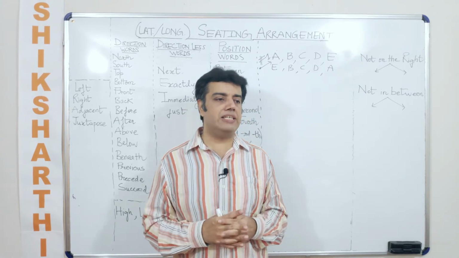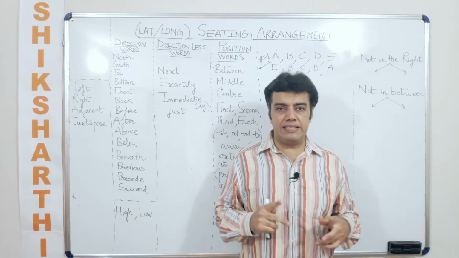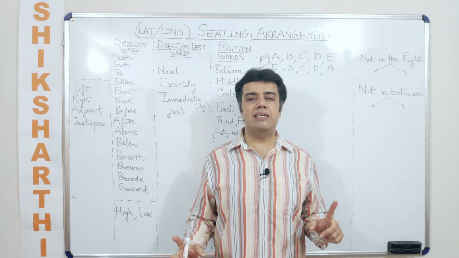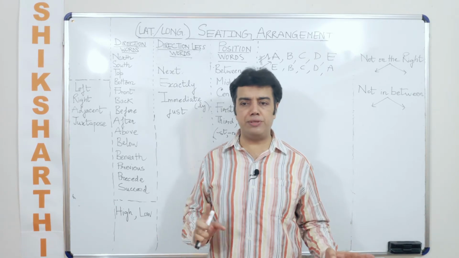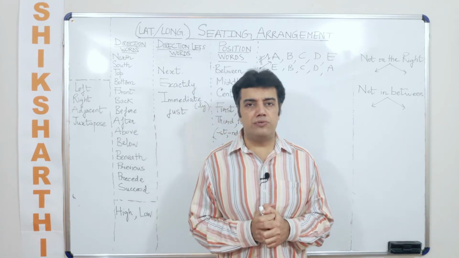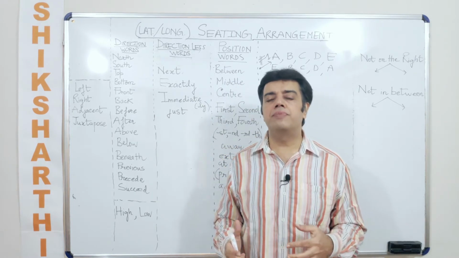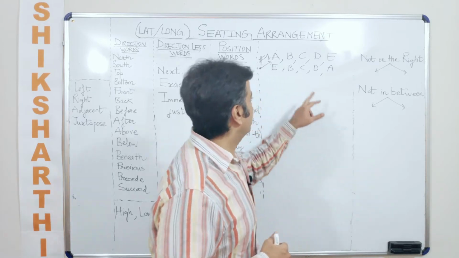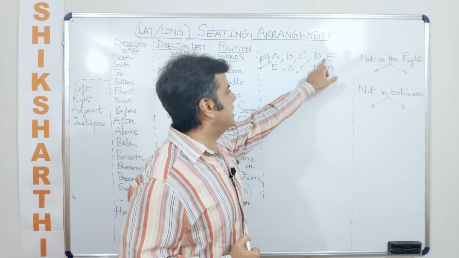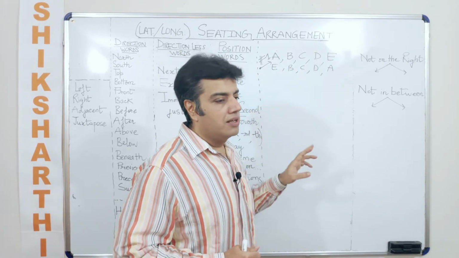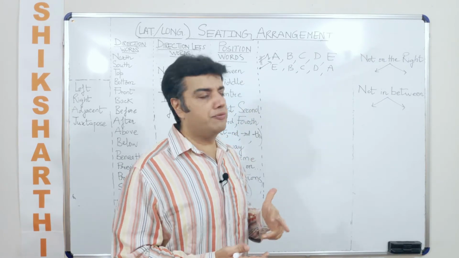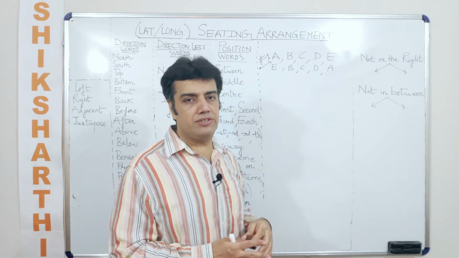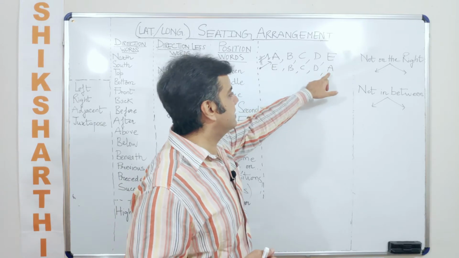Further on, the next condition here is, let us say that A and E are supposed to be at the extreme positions. When I use the word extreme, the next question which comes into the picture is, if A and E are supposed to be in extreme positions, there are 2 cases which can be formed. One case is this, the other case is this.